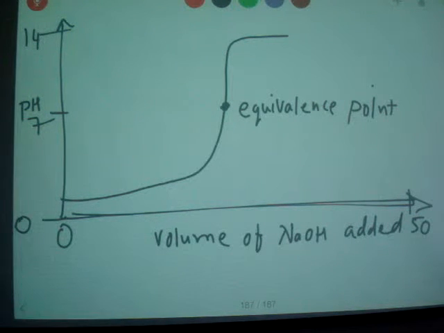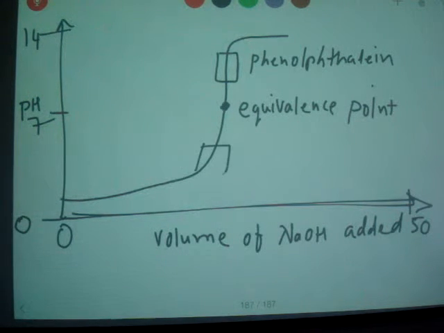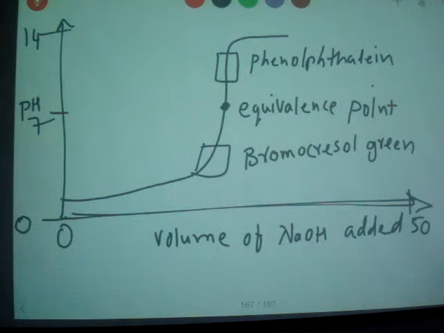Equivalence point, and if you use phenolphthalein here, and let's say if you use bromocresol green, it's more on the blue side and yellow.